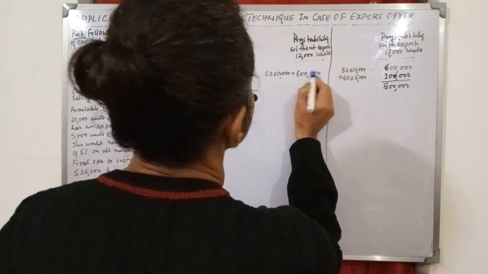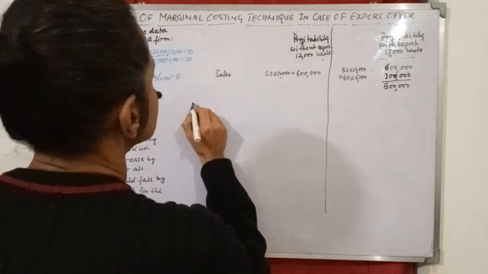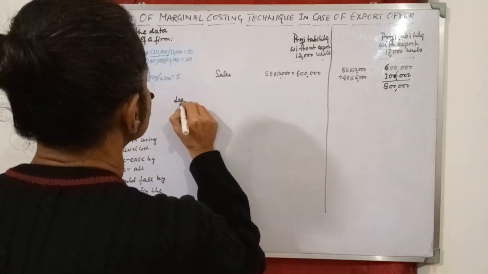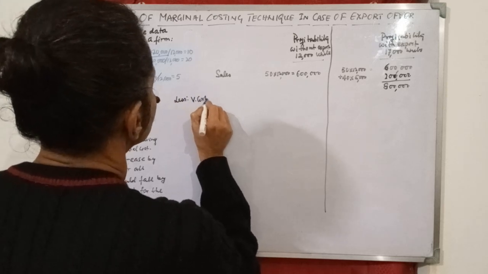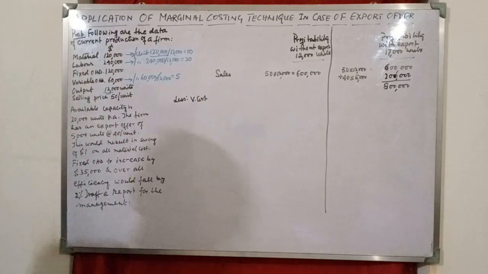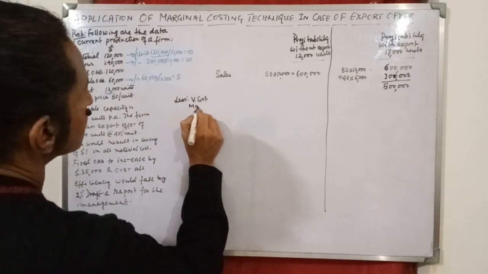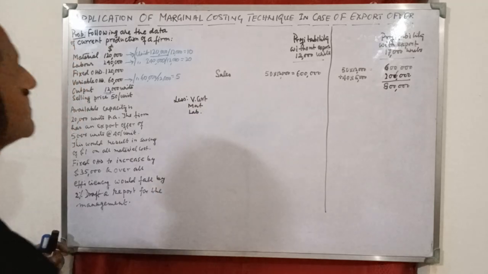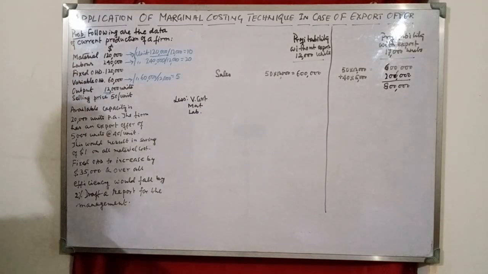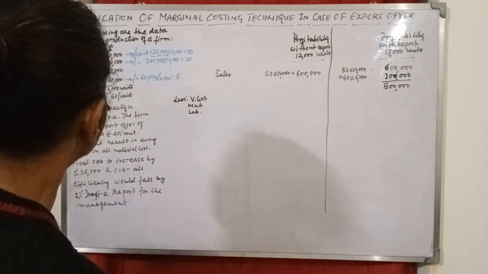So here it is 600,000 less variable cost. What is the variable cost? Material and labor. There will be a saving of $1 per unit of material cost.